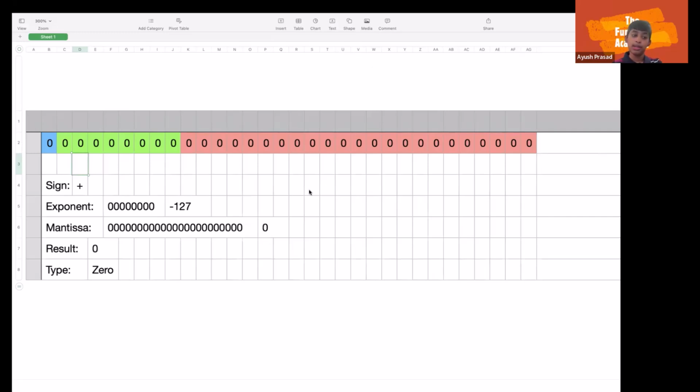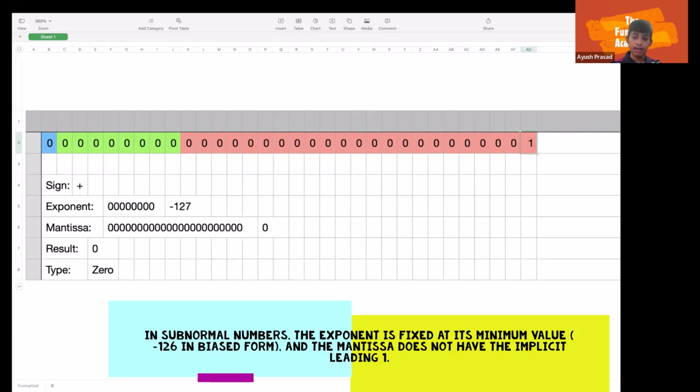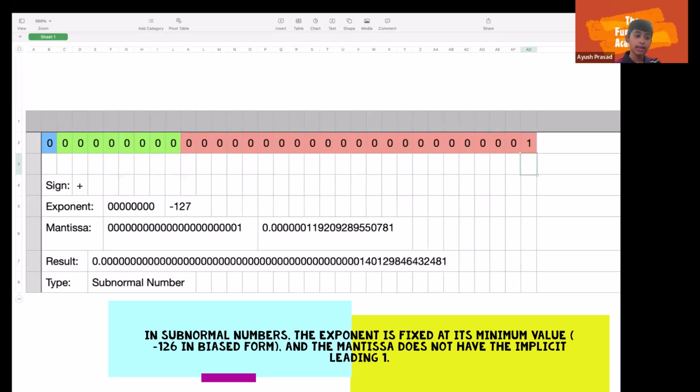So instead, the designers of the floating point format came up with a much more clever strategy. If the mantissa is all zeros, reserve that for the number 0. But if you add something else into the mantissa, then it's a subnormal number.